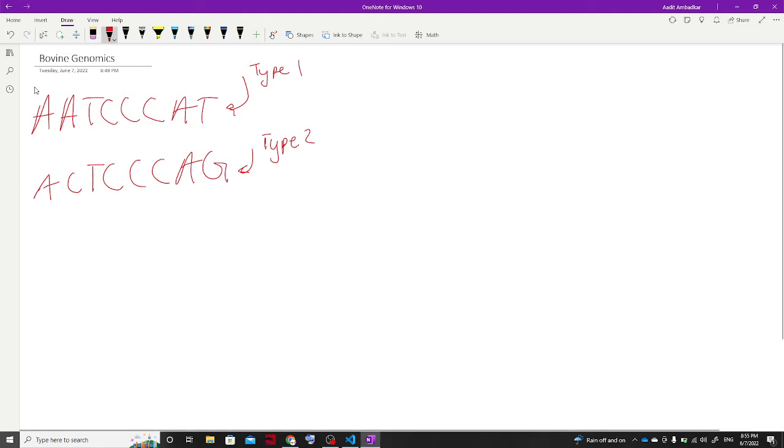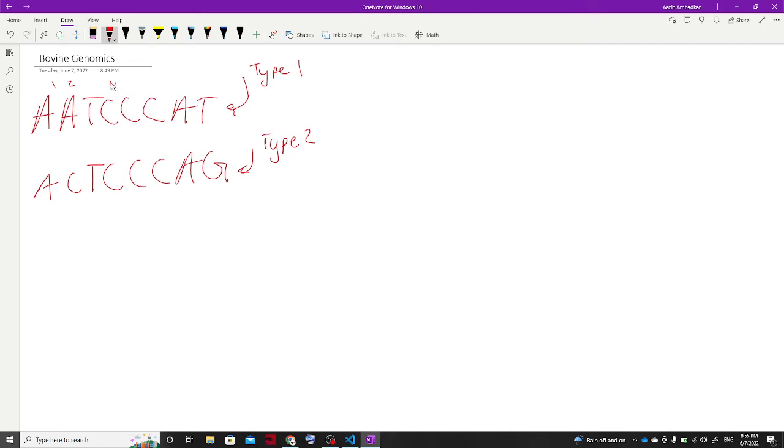That means if I were to take a look at, for instance, indexes 1, 2, and 4, then no cow in type 1 should have the same values for 1, 2, and 4 as another cow in type 2. So you should not be able to find AAC in both type 1 and type 2, where A is in the first position, A is in the second position, and C is in the fourth position.